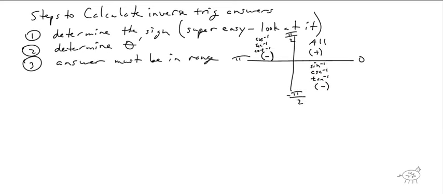Okay, and as I put on the paper before, this is going to be theta, pi minus theta prime. This is theta prime, and this is negative theta prime. That's the chart you're going to use. Okay, it's got to be in the range.